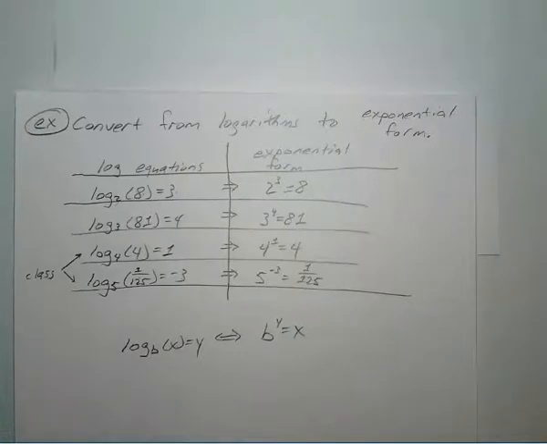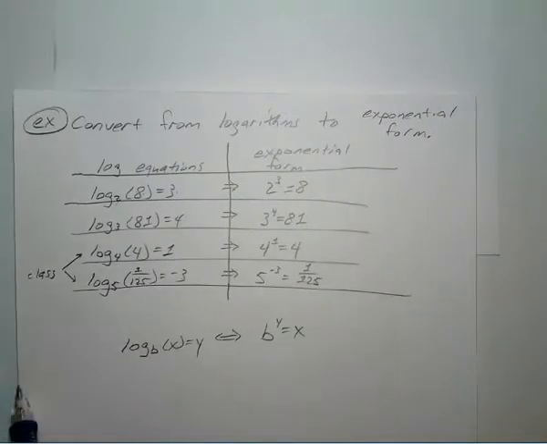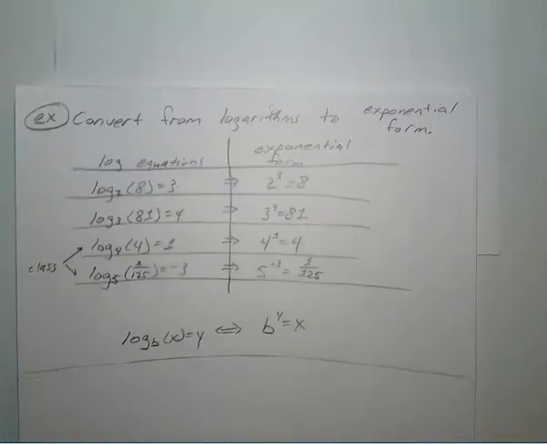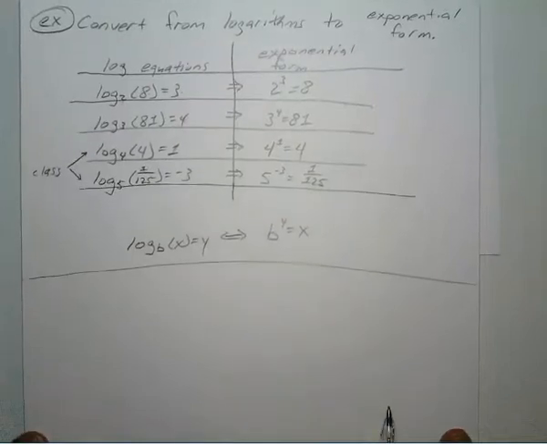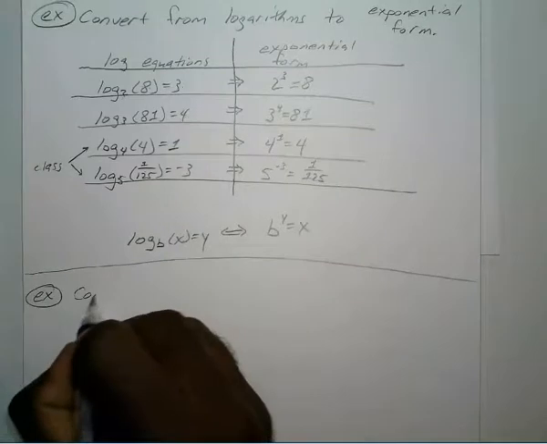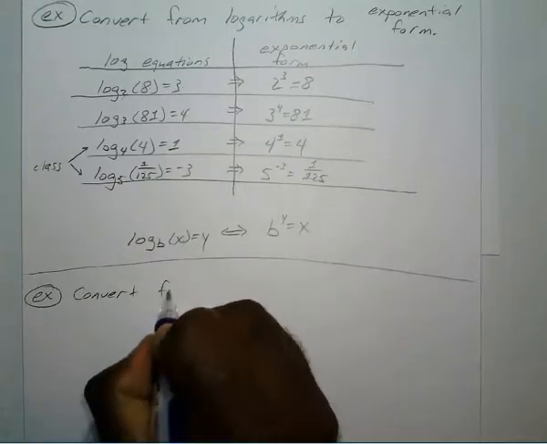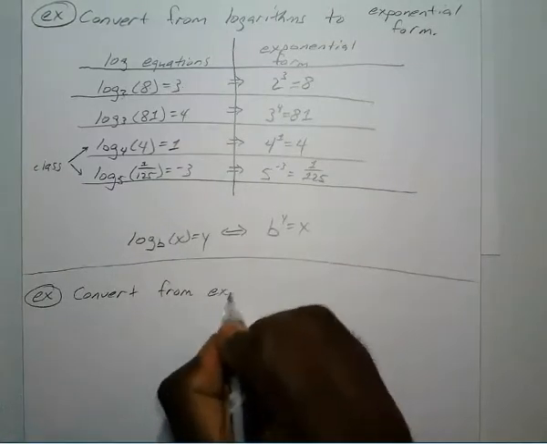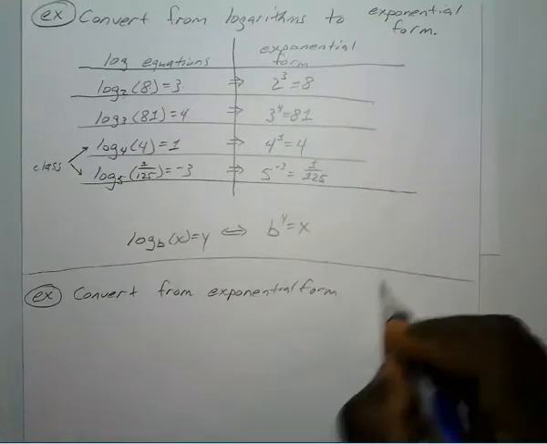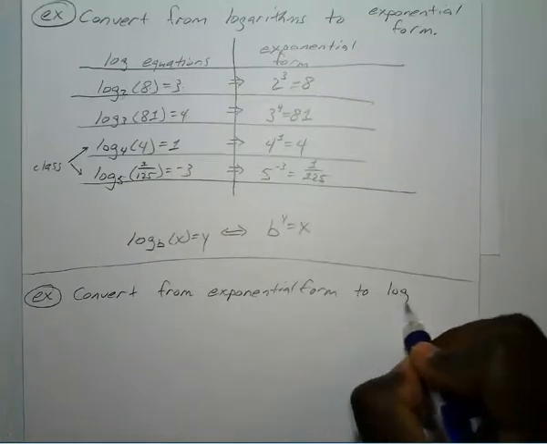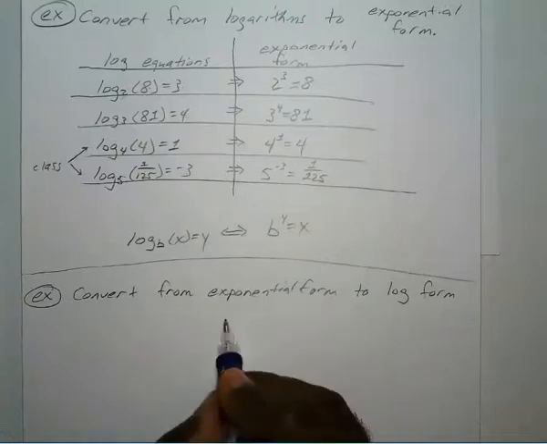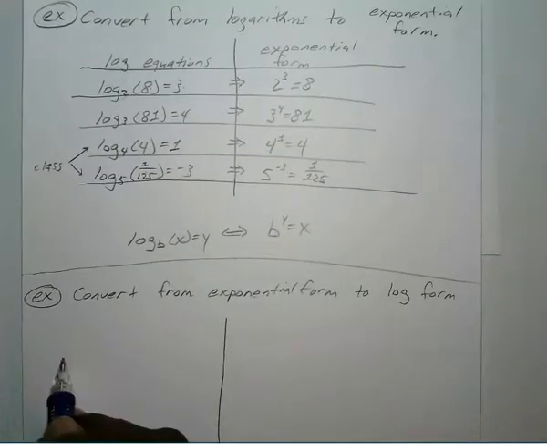Okay. Now we're going to do it the other way. We're going to convert exponential equations to logarithmic form. Alright, so go ahead and slide that up. So if we convert from exponential form to logarithmic form, we're going to do the exact same thing we did up there.